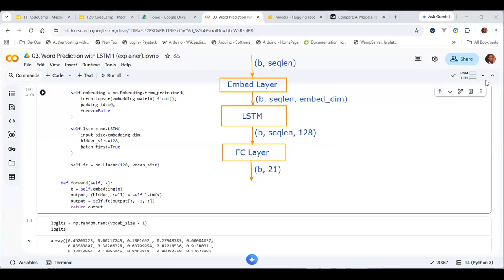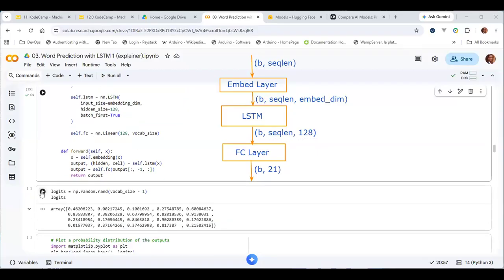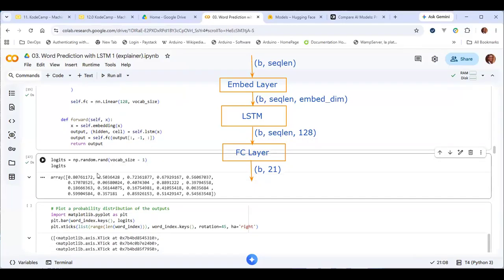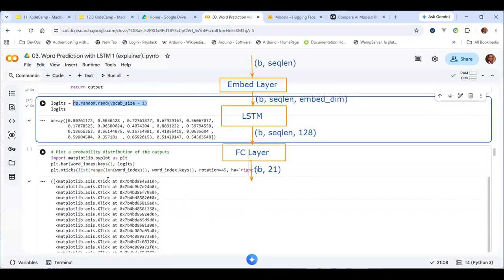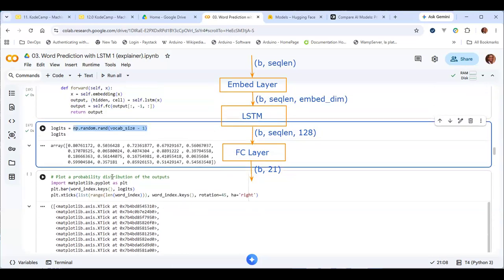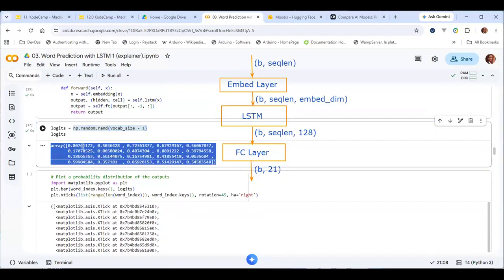Now, having done this, we can run it. The first thing we do is the logits. The logits is basically taking vocabulary size. We'll get some random numbers. This is essentially just trying to create a random input.